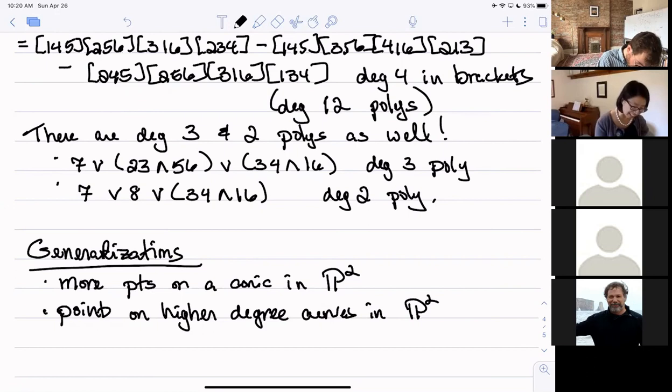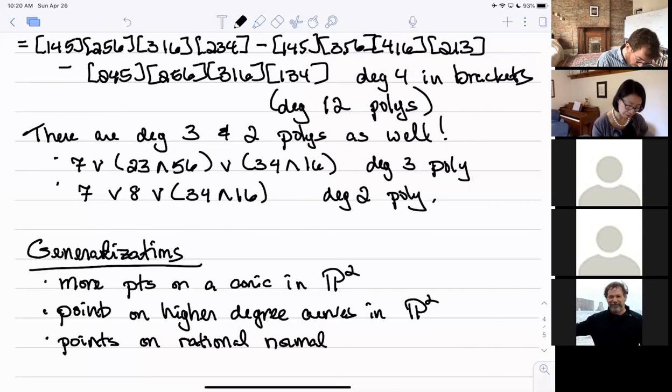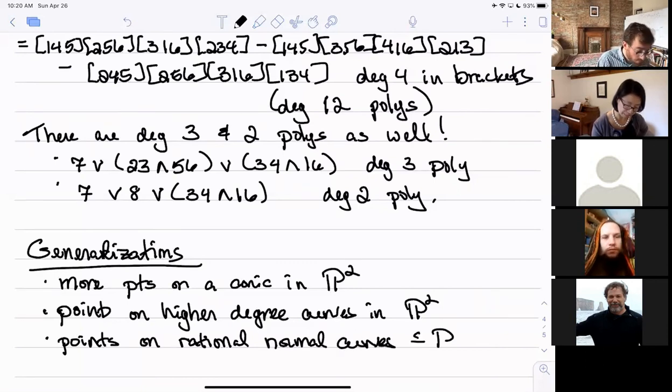And then the last thing we did, which is my favorite thing, is we generalized this to higher dimension. So instead of points in P2, we look at points on what are called rational normal curves in PD. So where would you get this idea?